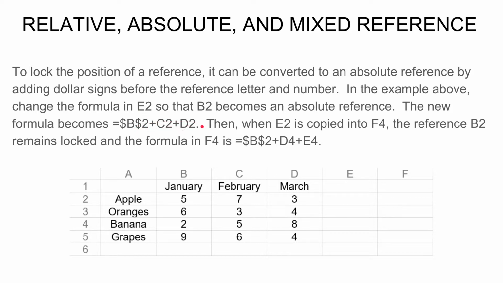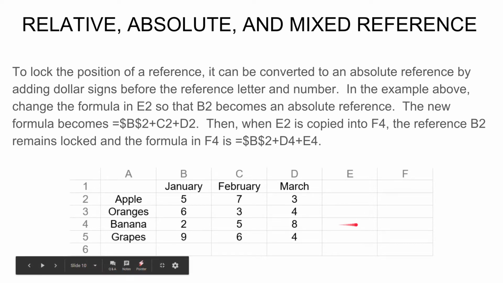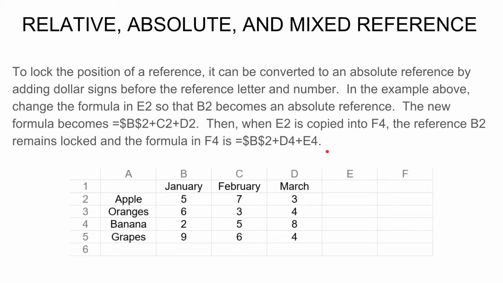So let's say we're looking at E2 again, but we're adding up the locked version of B2 and then the relative version of C2 and D2. So when we copy this down into, let's say, E4, we're still going to be adding B2. That's going to remain the same, but the relative ones will change.